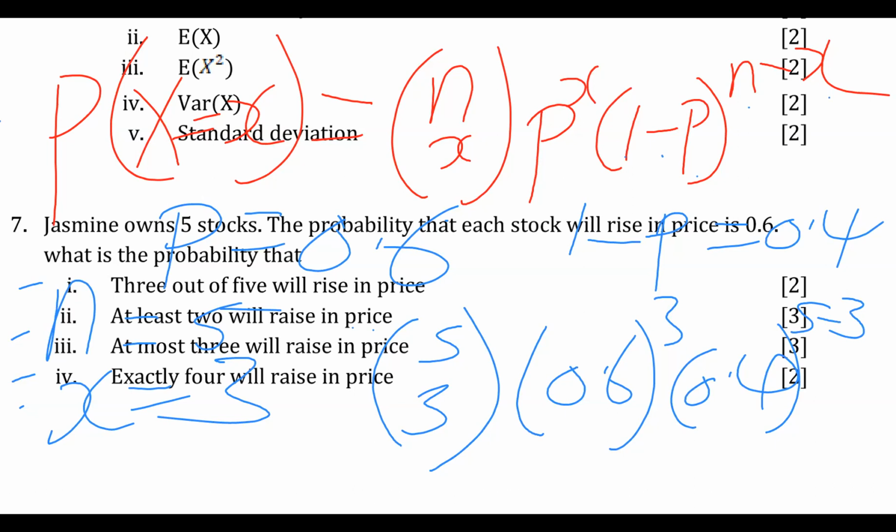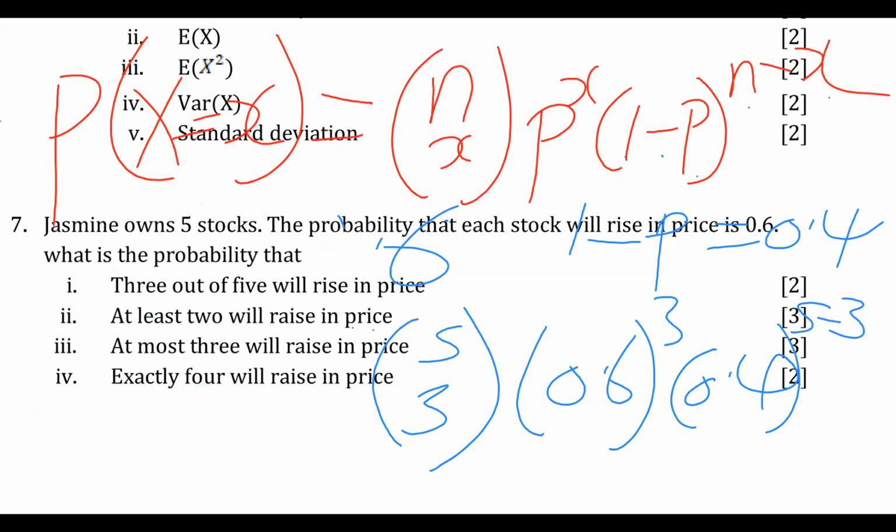5 combinations of 3 is 10. Yes, I'm getting 10. Okay. Then 0.6 to the power 3 is 0.216. And 0.4 to the power 2, because 5 minus 3 is 2.